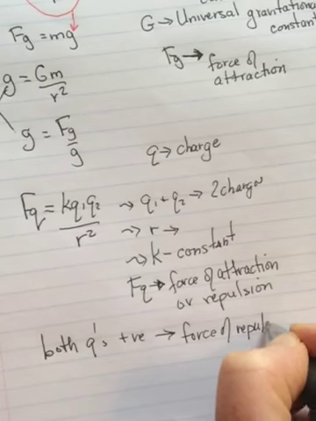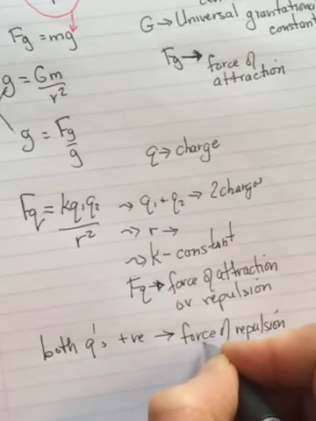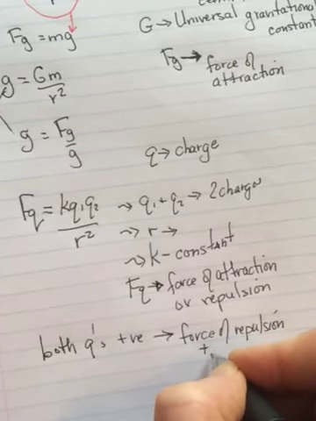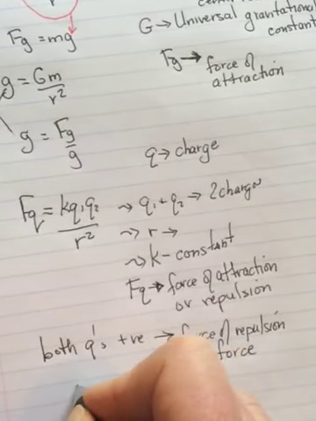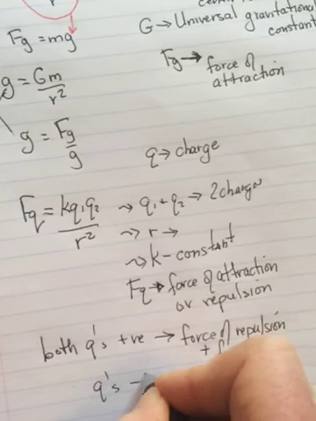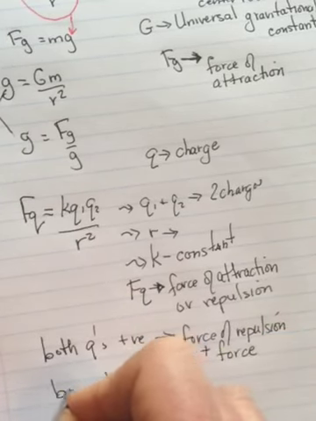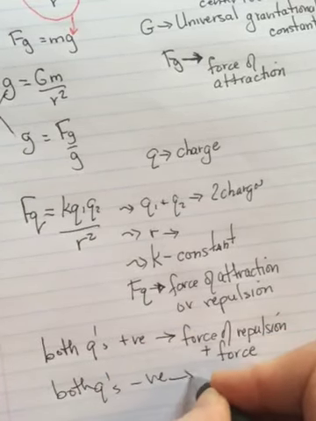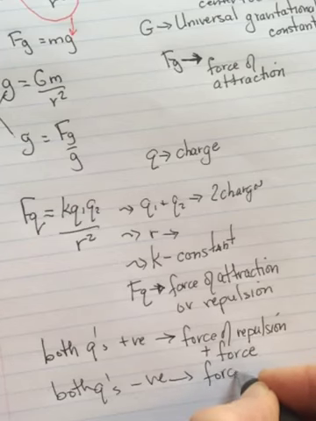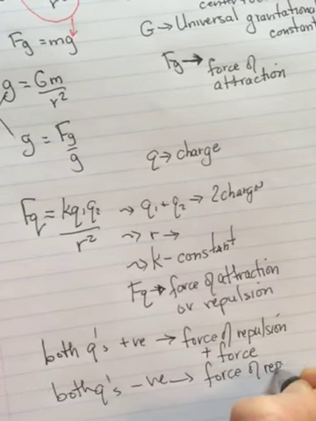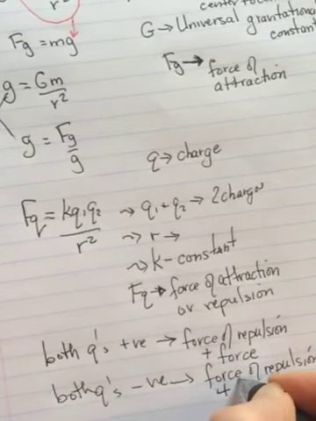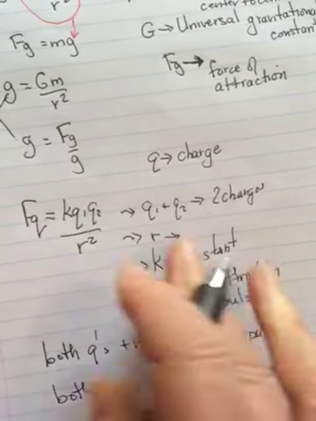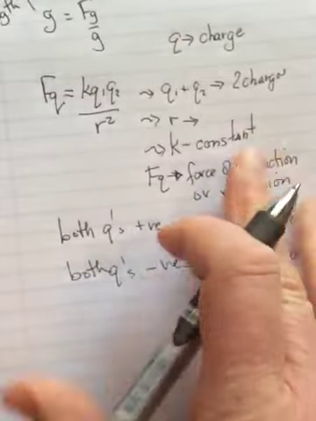And that is going to be a positive force, right? Because if both go in positive. If both Q's are negative, then again, you're going to end up with a force of repulsion, because like charges don't like each other. And mathematically, you're going to end up with a positive force. Two negatives multiplied together will give you a positive.